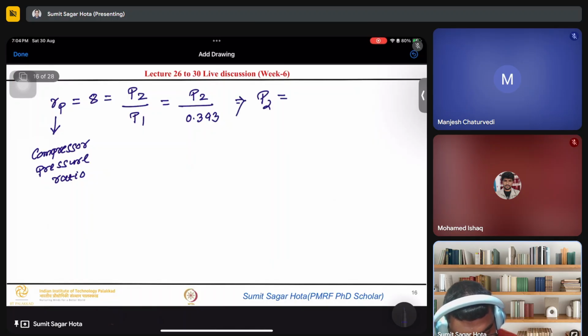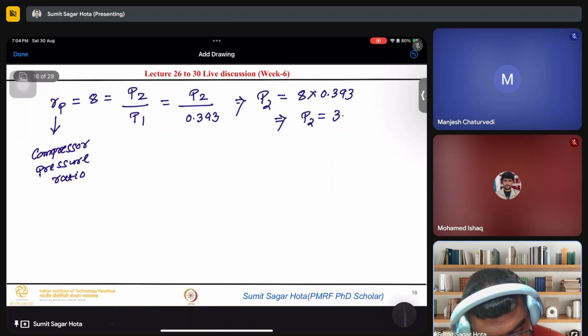So P2 is 8 into 0.393, and P2 becomes 3.144 bar.